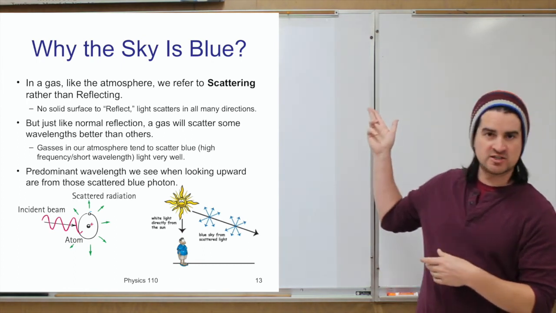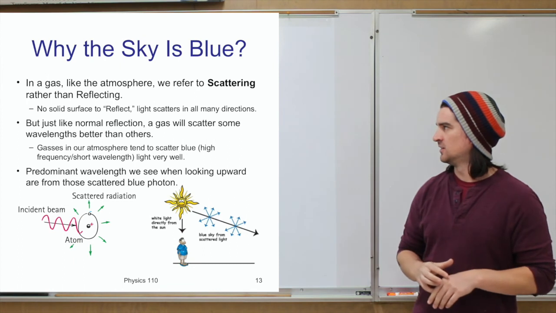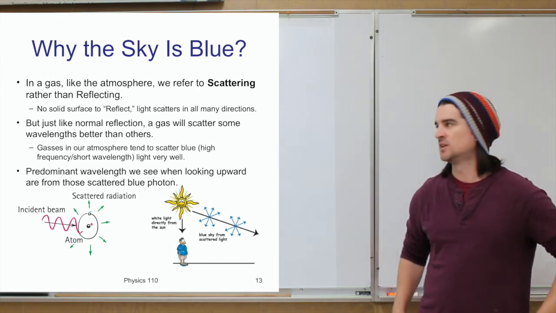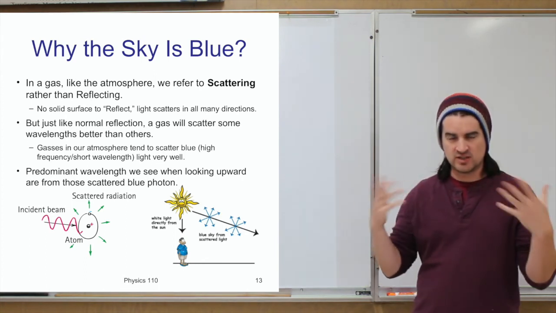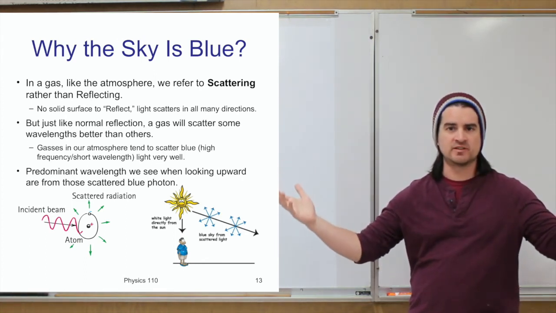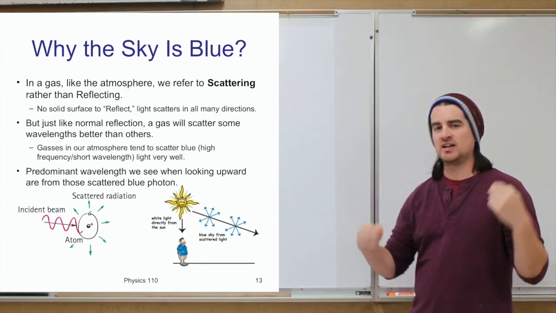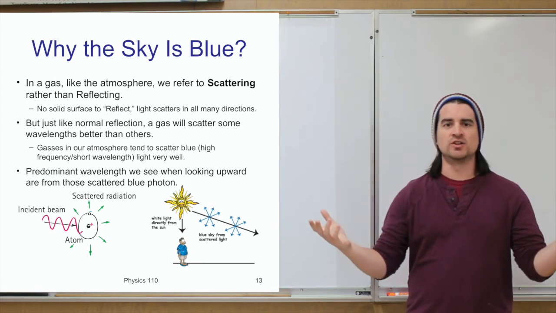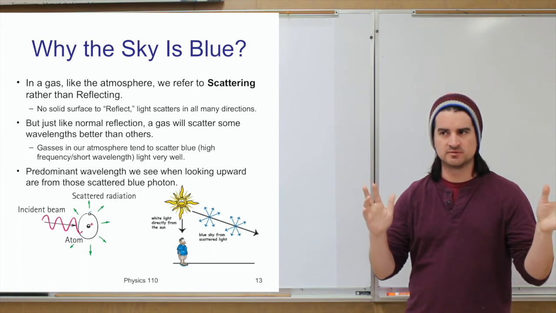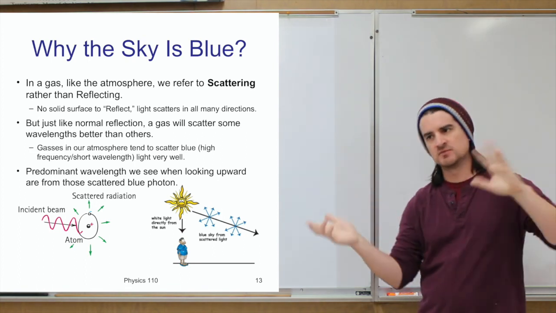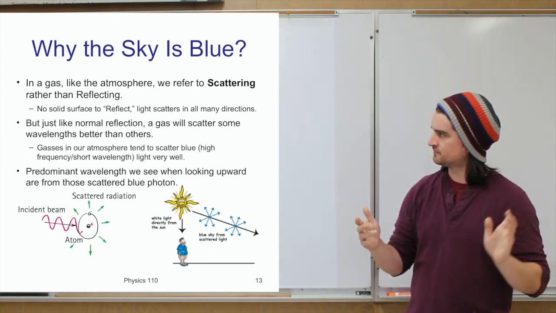One being, why is the sky blue? Good question. And the answer comes down to the fact that the thing that makes up the sky, the atmosphere, is a gas. And that gas will absorb and reflect sunlight differently than others.